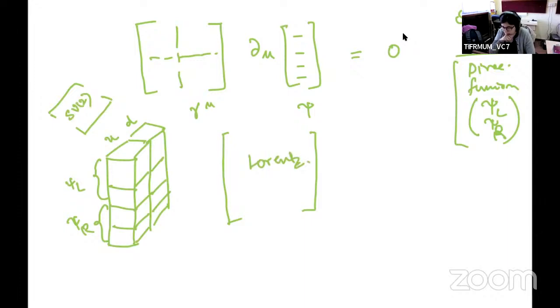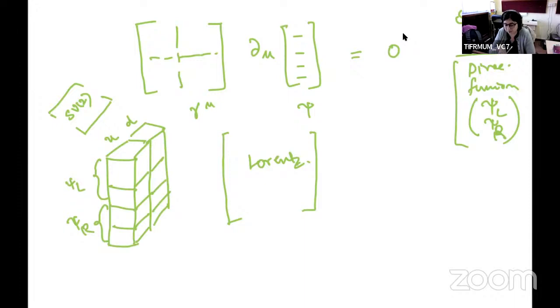And in fact, there is a fundamental theorem, which you might have heard the name of. It's called the Coleman-Mandula theorem, which says that if you want your scattering matrix, the S matrix, to have certain nice properties, like it preserves probabilities and so on, then you cannot mix these two.